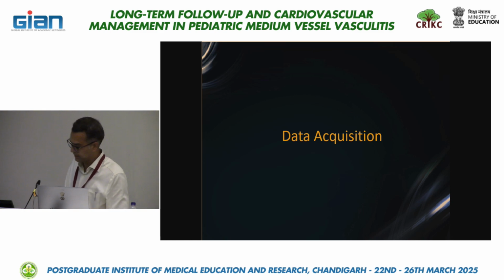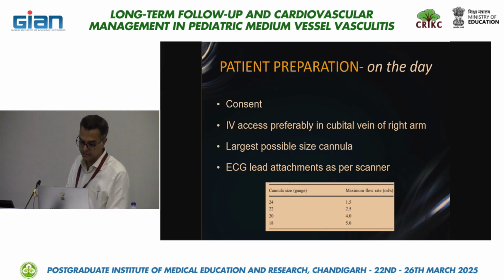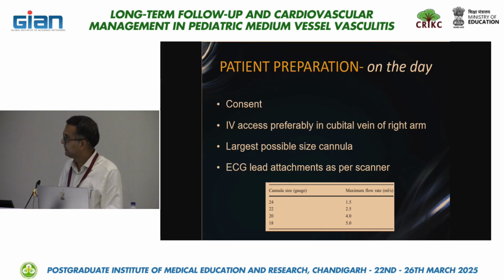So, coming to the data acquisition, or the day of acquisition of the scan. As with any other CT, consent from the parents of the child is taken, and we have to check for IV access. Peripheral venous access is preferred, preferably in the right arm.